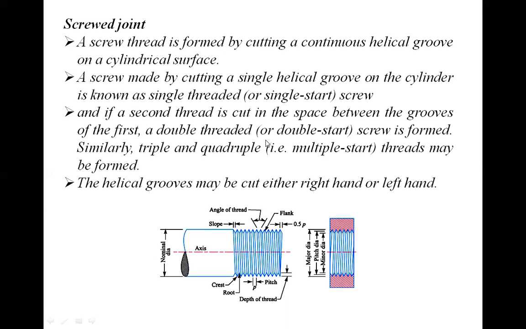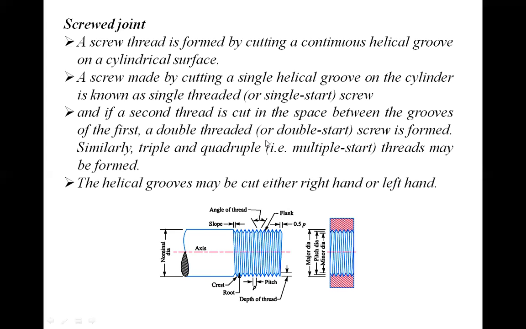As we know, a screw thread is formed by cutting a continuous helical groove on the cylindrical surface. So this helical groove, in connection with the matching threads which are formed in the nut, we can screw up two different objects together.